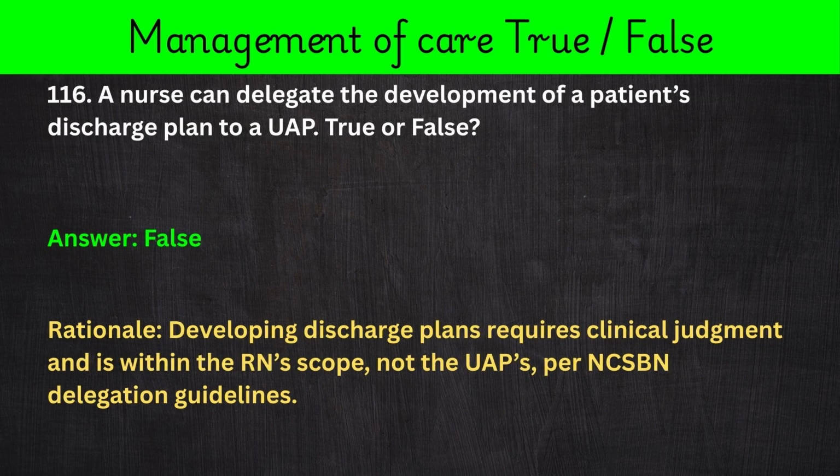A nurse can delegate the development of a patient's discharge plan to a UAP. True or false? Answer: False. Rationale. Developing discharge plans requires clinical judgment and is within the RN scope, not the UAP's, per NCLEX-PN delegation guidelines.